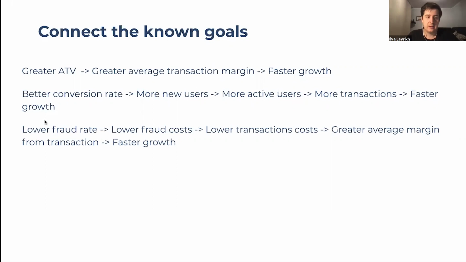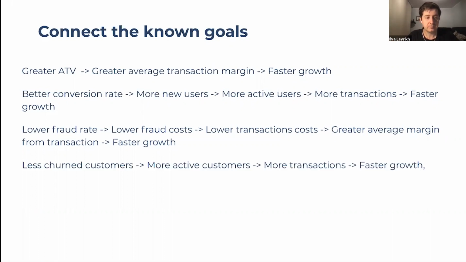Or another one, let's say for a financial service, you're working on reduction of the fraud rate, which will lead to lower fraud losses, which in turn reduces the overall costs for all the transactions, which will bring a better average margin for the transaction, and it grows the total profit margin for the company.